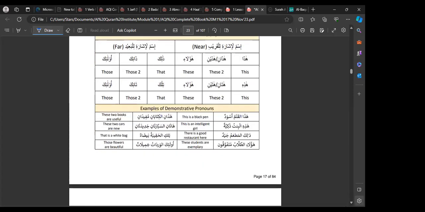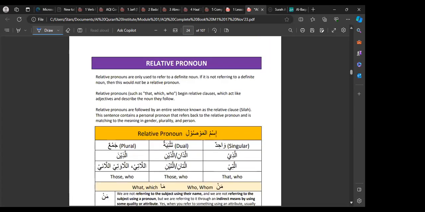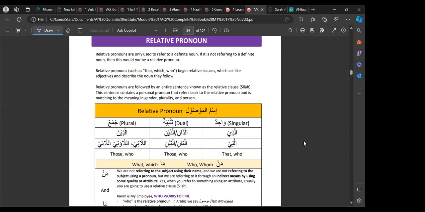Then we have ismul mawsul, relative pronouns, where we're giving more information about the subject that we're talking about. So that man over there with the red hat, the one with the red hat, alladhi, or the one who passed the test.